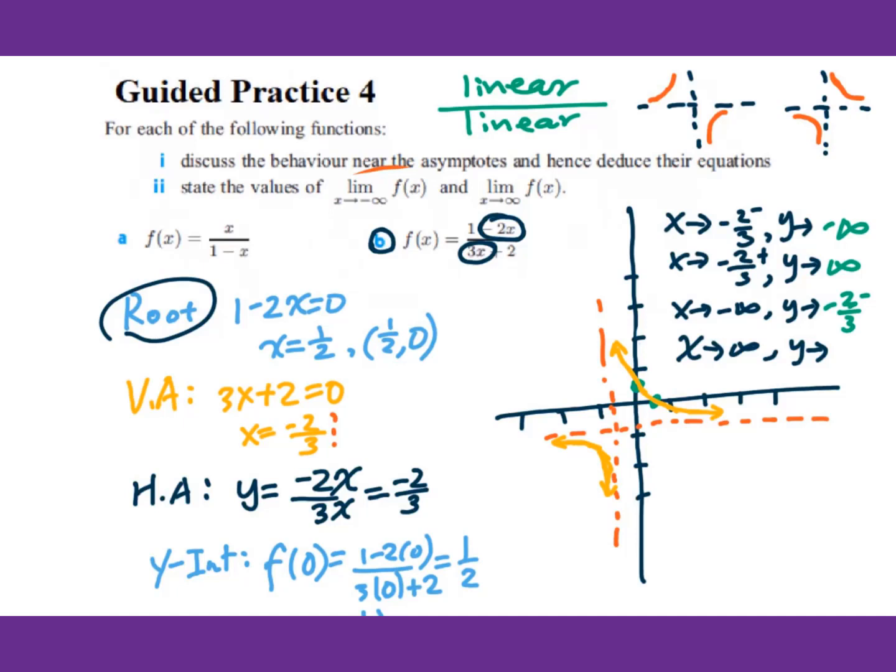X tends to positive infinity, y tends to negative 2 over 3 from the top. And we can draw the conclusion that limit as x approaches negative infinity of f of x equals negative 2 over 3. Limit as x tends to positive infinity of f of x equals negative 2 over 3.